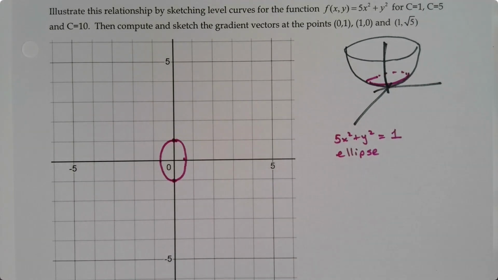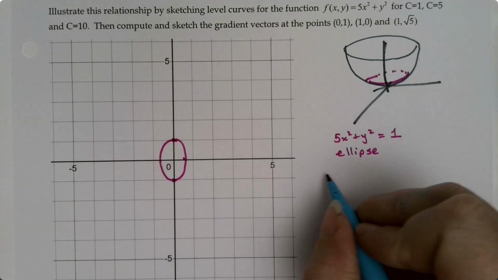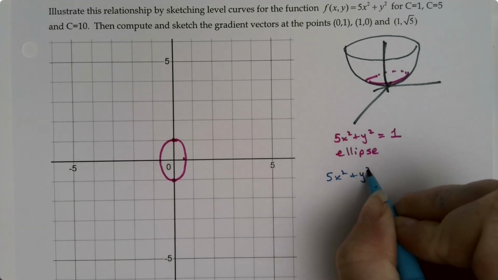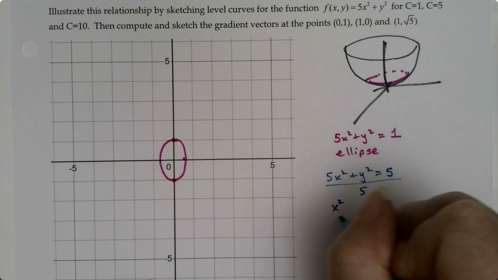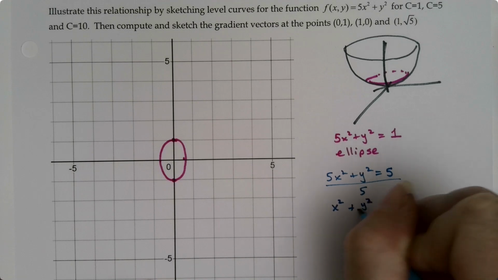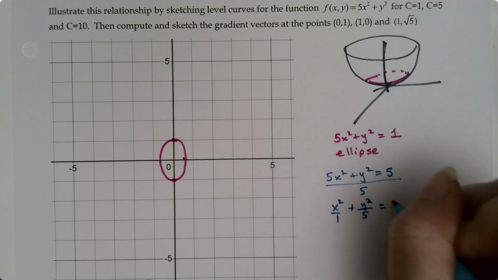And then you could do it again for, let's see, 5x squared plus y squared equals 5. Divide everything by 5 and we get x squared plus y squared over 5 equals 1.